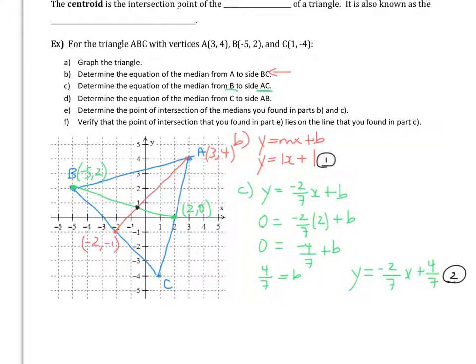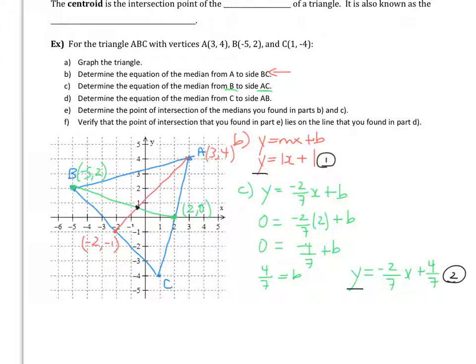Both of these equations are solved for y. This would be easy to use substitution. It's already set up that way. I could use substitution and solve for x, and then I could sub that into equation 1 or 2 and solve for y, and that would give me my point of intersection, which looks like it should be somewhere between 0 and -1 for the x, and somewhere between 0 and +1 for the y.